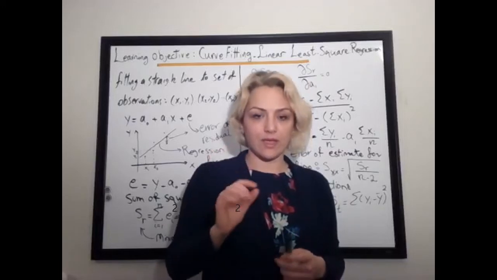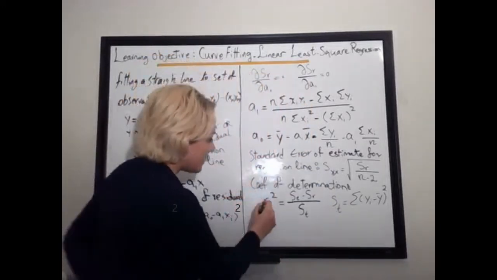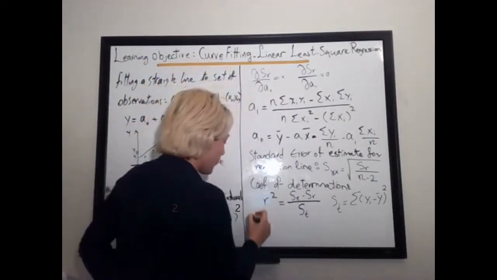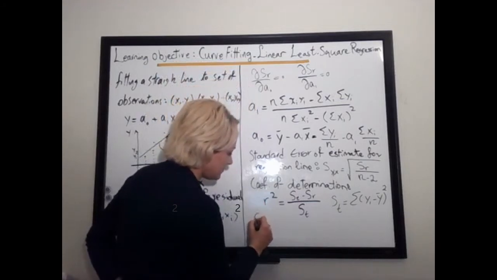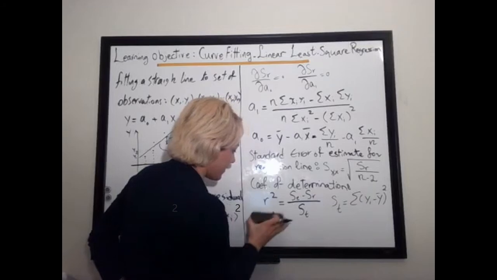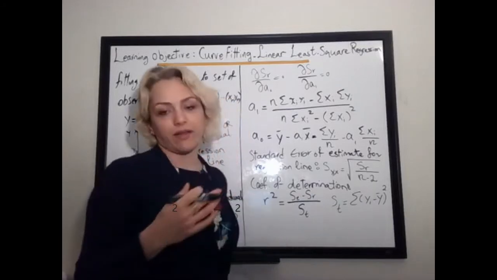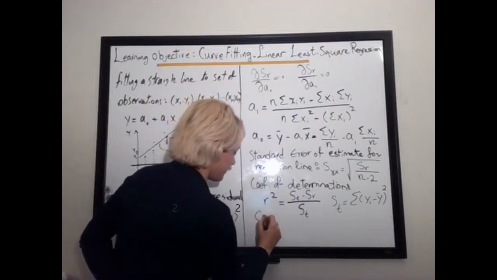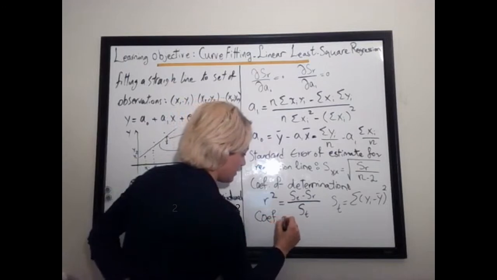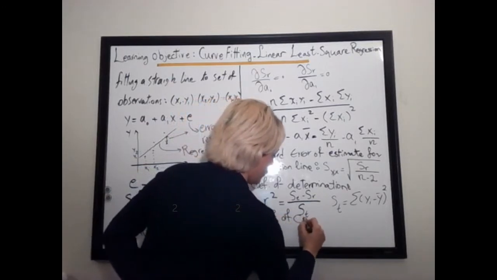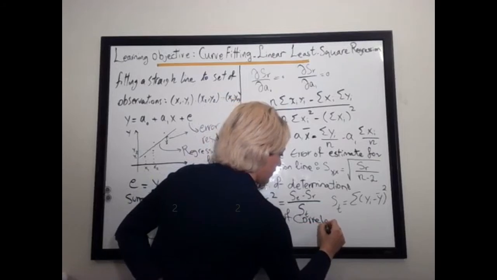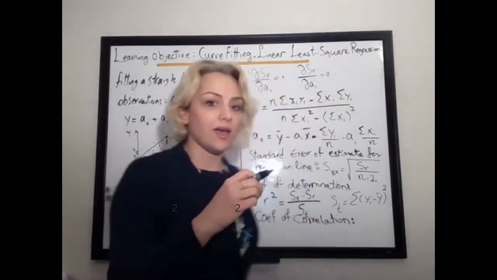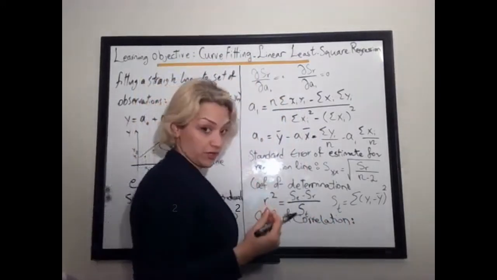Another thing that is good to cover here is that if we get the square root of this, we call it the correlation coefficient. I can write it down in the same way: the coefficient of correlation, which is the square root of the coefficient of determination.